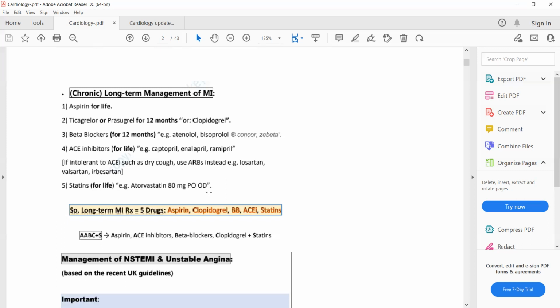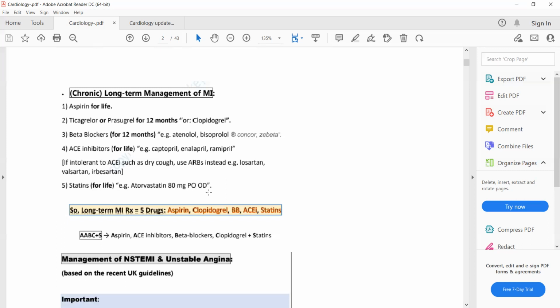When do we give fondaparinux, not heparin? If the patient is not undergoing angiography within the next 24 hours, and if the patient's renal functions are normal, then low molecular weight heparin will be our choice.